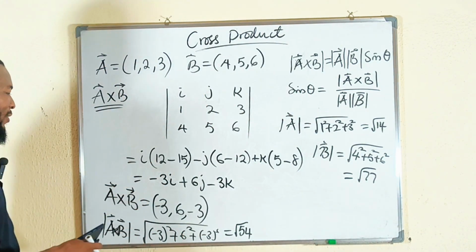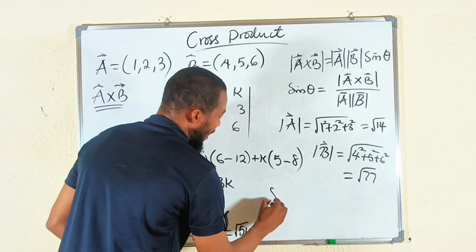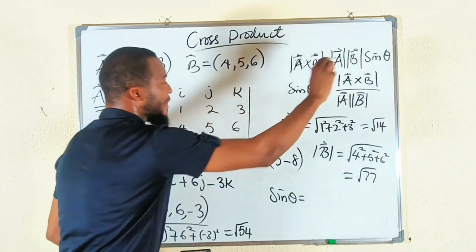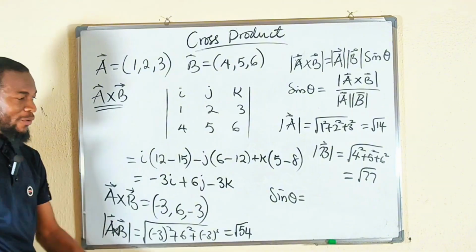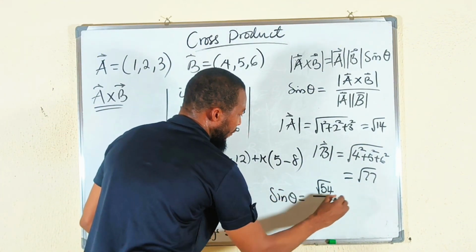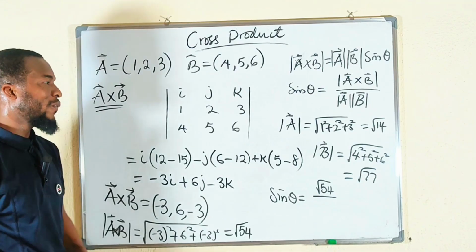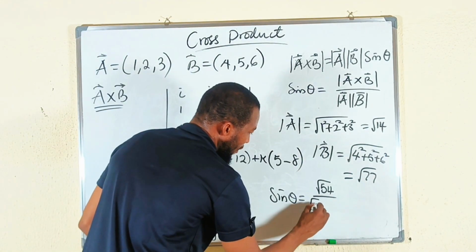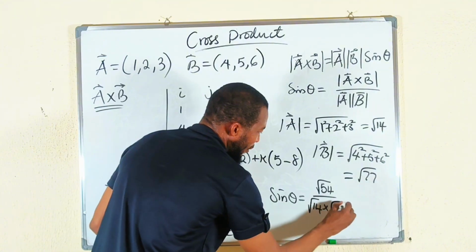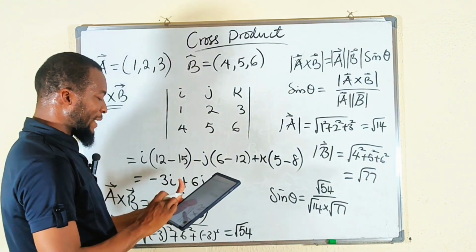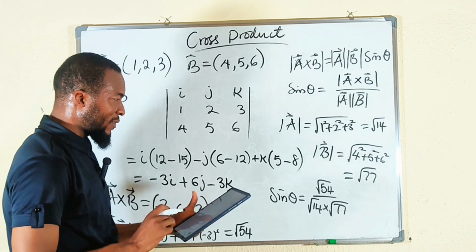To substitute into the formula, sine of theta, the angle between them, is equal to the magnitude of A cross B, square root of 54, divided by the magnitude of A, square root of 14, multiplied by square root of 77. This is what we need to compute. Let me see if my calculator can take the whole of this.